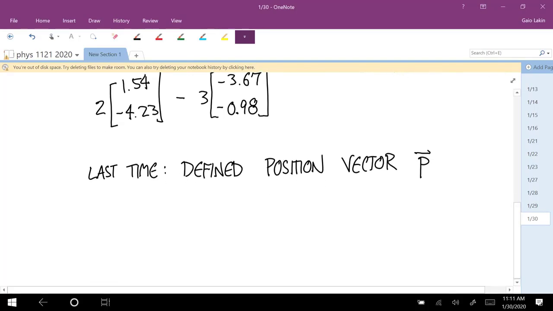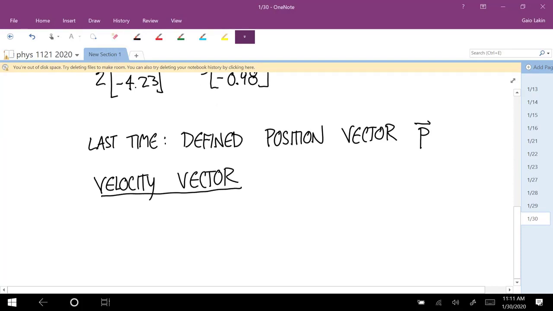So now we have to define the velocity vector. And just like in one-dimensional motion, the velocity vector as a function of time is equal to the time derivative of the position vector as a function of time.